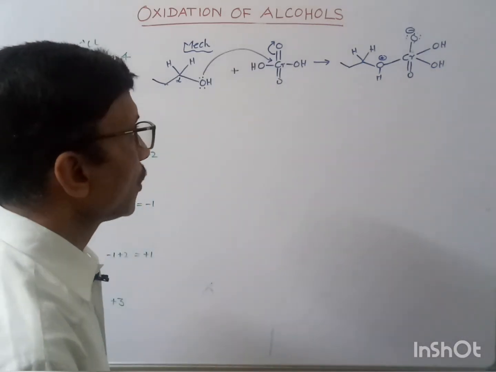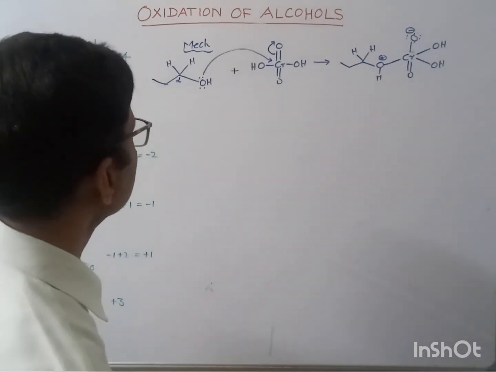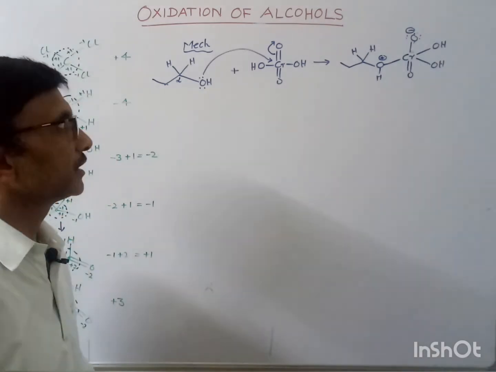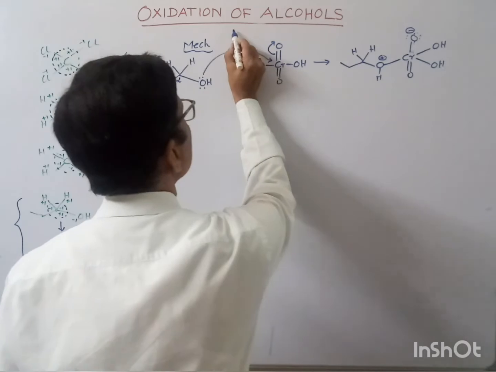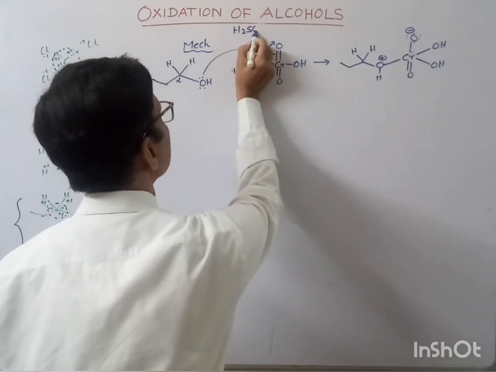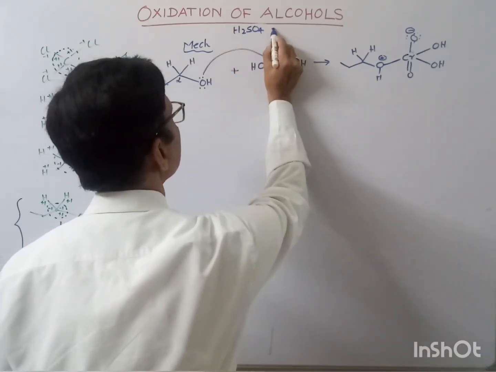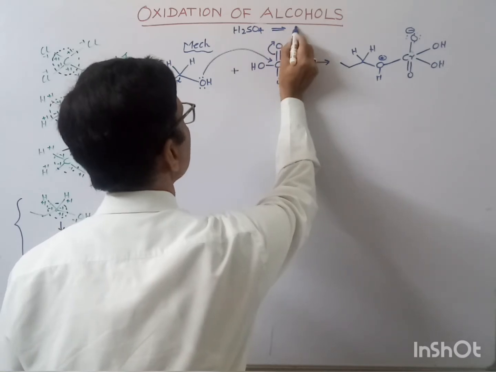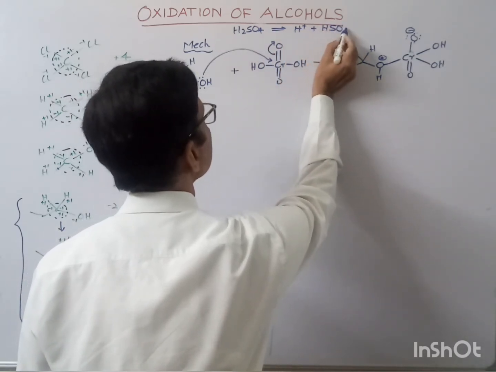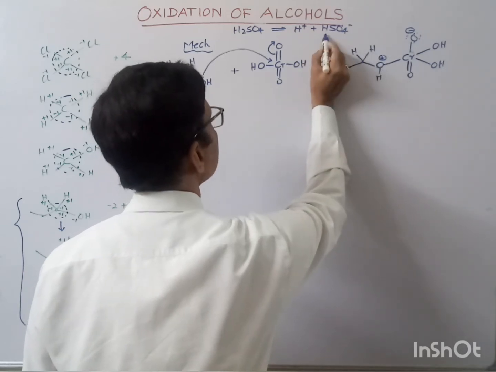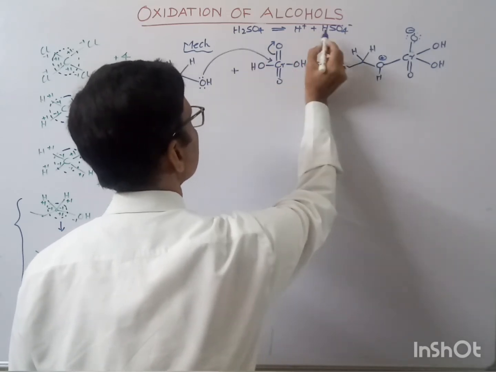Now we have, as I told, this chromic acid in presence of H2SO4. If we have H2SO4, in water it will get ionized to H plus and HSO4 minus, and this acts as the base. This is the conjugate base.